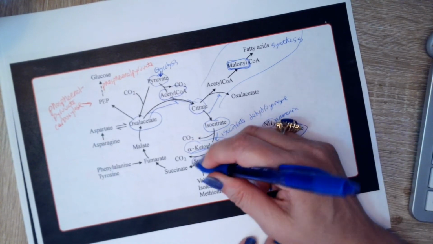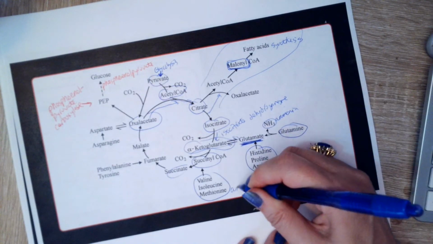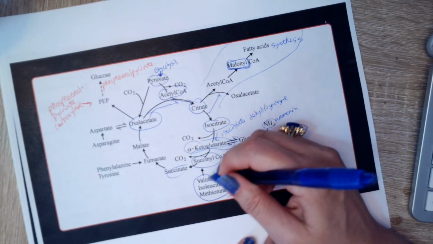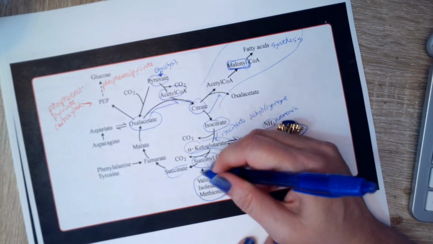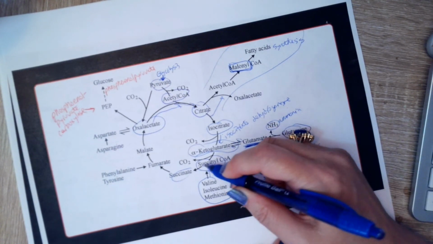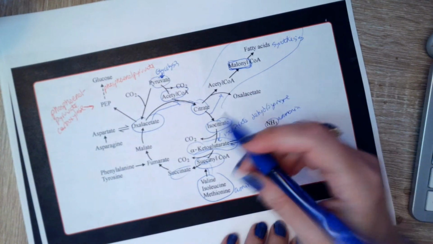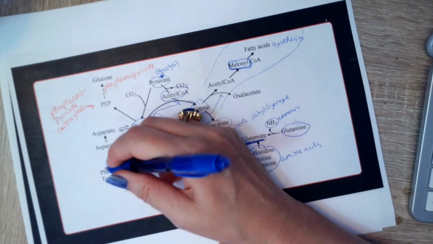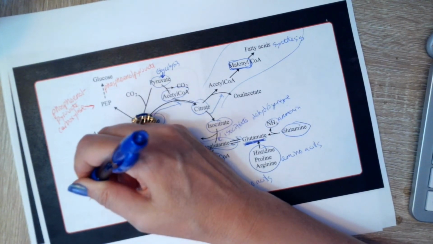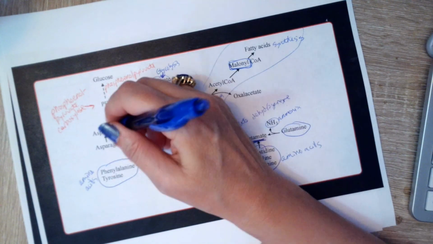Over here with succinyl-CoA going into succinate, these are amino acids that can become incorporated into the Krebs cycle at this spot on the reaction chain. At fumarate, we have these amino acids entering into the reaction here. And then at oxaloacetate, there's aspartate.